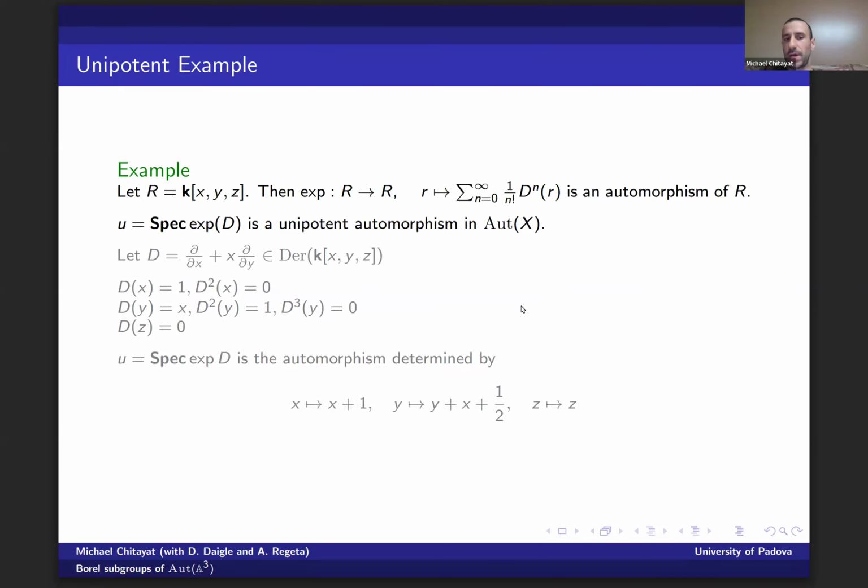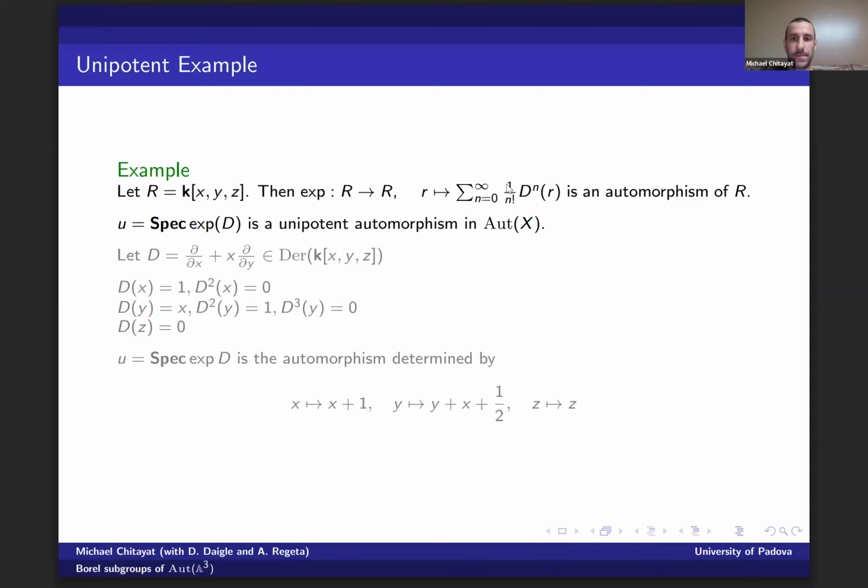So here's a quick example of the exponential map in action. Here we have a polynomial ring in three variables. Then we define this exponential map from R to itself as follows. You take an element R and you map it to the following element, which is also an element of your ring.